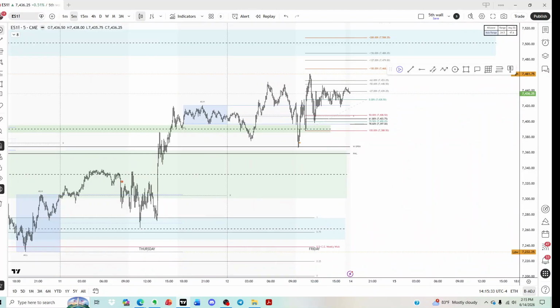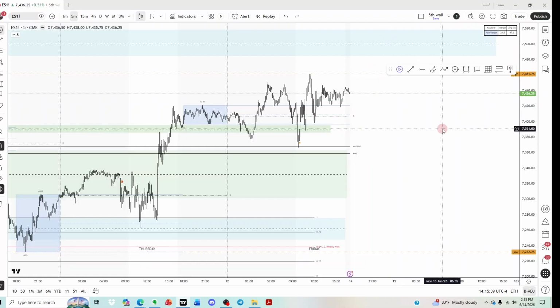I had to push through this right here after a huge run like this up. Can't really. So yeah, still looking for price to kind of trade into here or retest here.